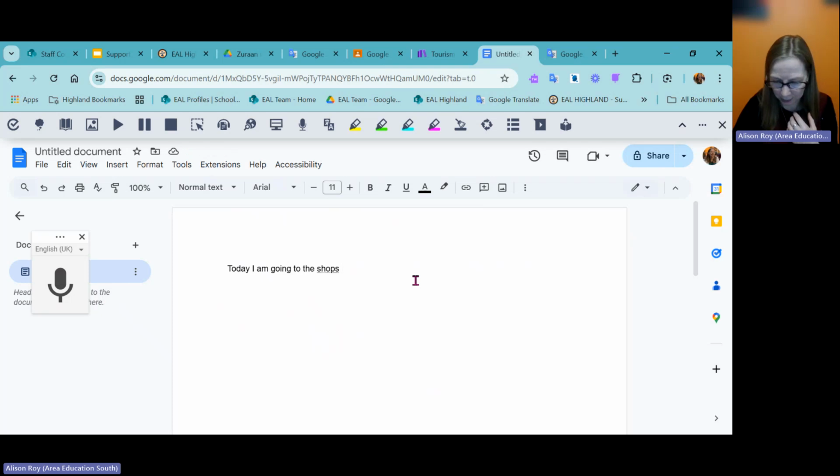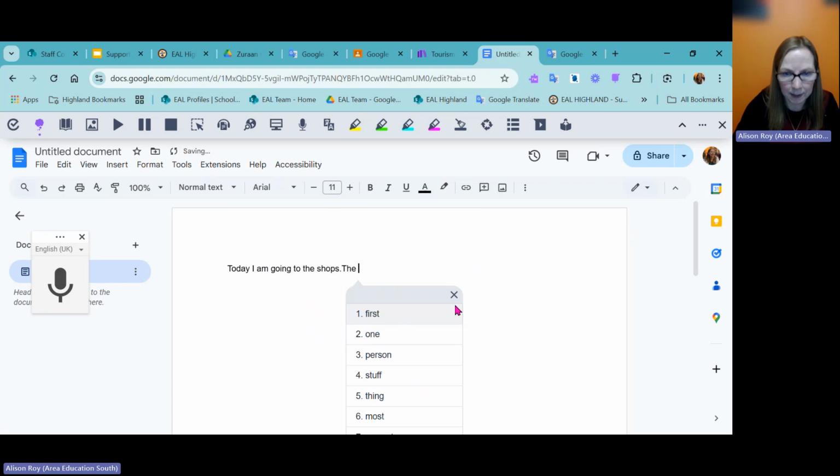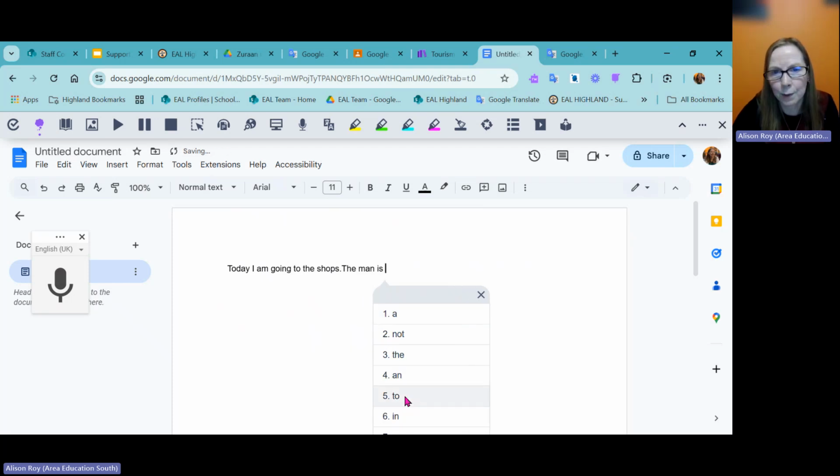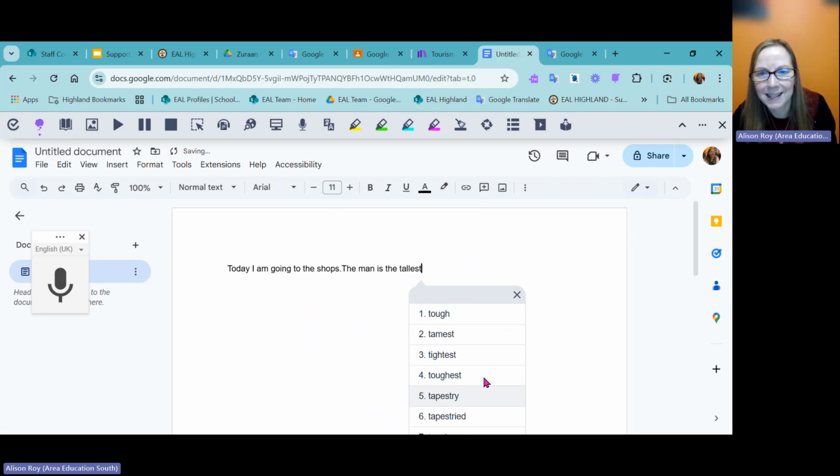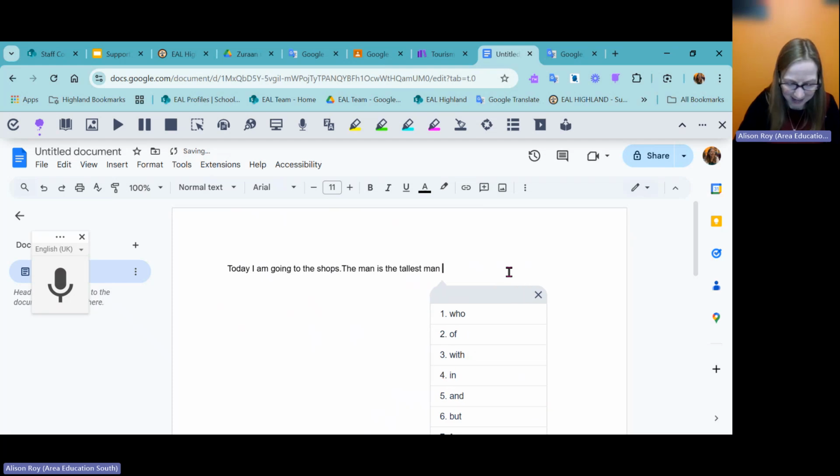You've also got the predictive text, which is up in the cloud. It looks a bit like a cloudy speech bubble. So again, support with writing. The man is the tallest man in.